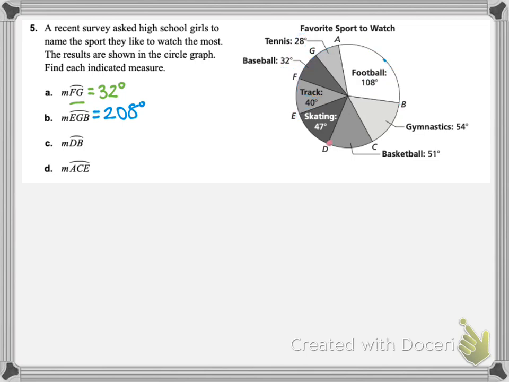Then we have DB, so starting at D, going towards the letter B, the shortest distance possible, so we're going to go to the right. 51 and 54, which makes 105 degrees.